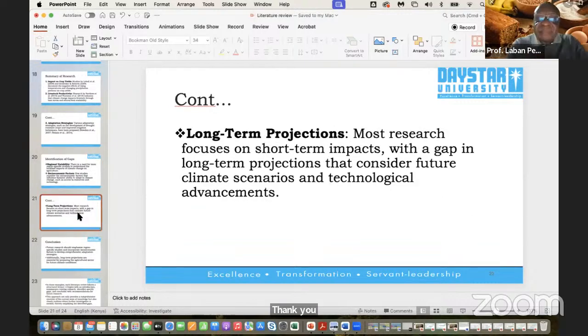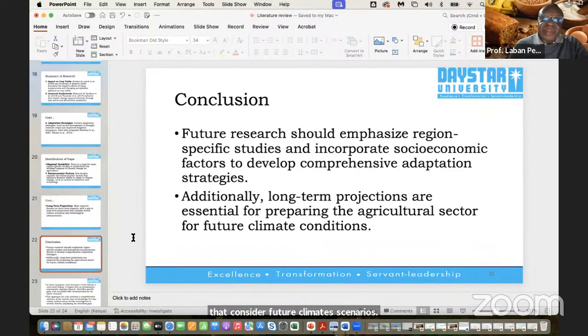And then long-term projections. Most research focuses on short-term impacts with a gap in long-term projections that consider future climate scenarios and technological advancement. Conclusion. We are told future research should emphasize region-specific studies and incorporate socioeconomic factors to develop comprehensive adaptation strategies, and additionally, long-term projections are essential for preparing the agriculture sector for future climate conditions.